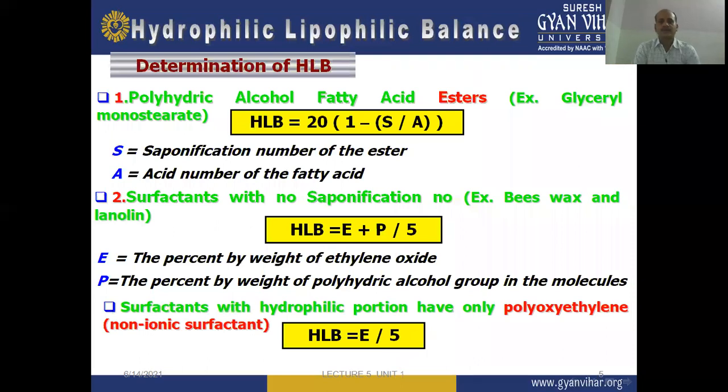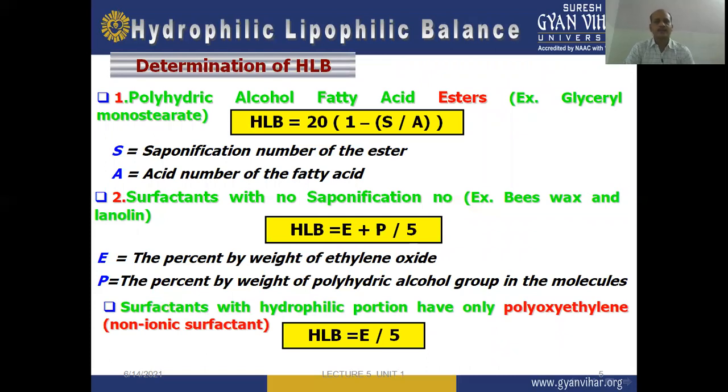Now, when we go through the determination methods for surface active agents based on HLB values, first we have to find out the HLB value. So how can we determine the hydrophilic, lipophilic balance value for a given surfactant? There are different methods based on the saponification number or acid number.